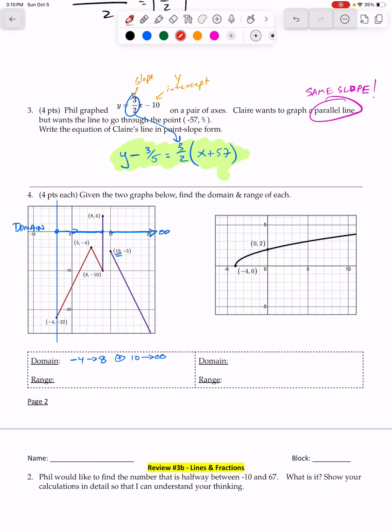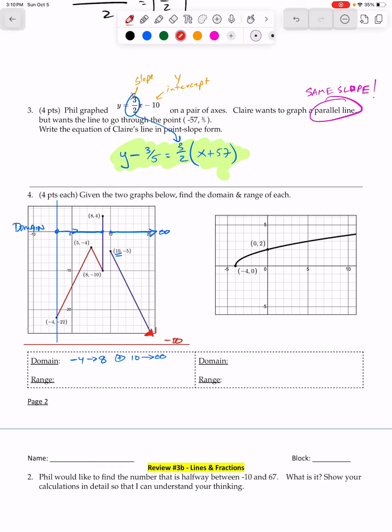Now my range. Oh, whoops, come back here, red. I meant to put an arrow on that. Hopefully I'll remember to tell you when you take this. So my range at the very bottom here goes down from negative infinity, and it will go all the way up.